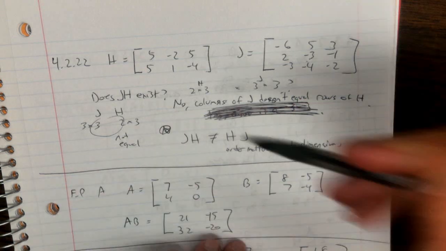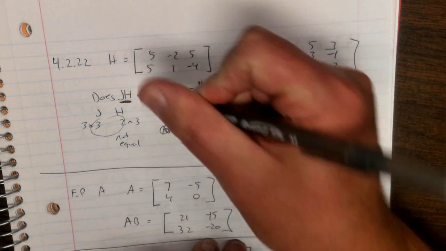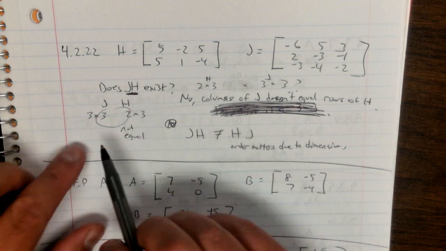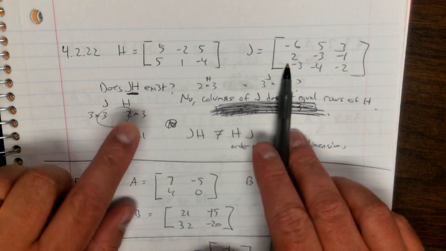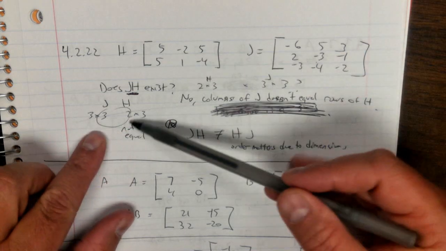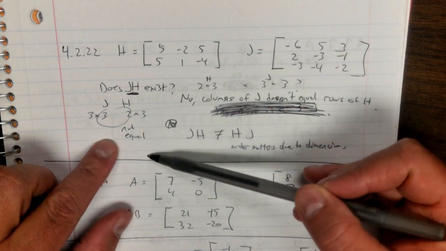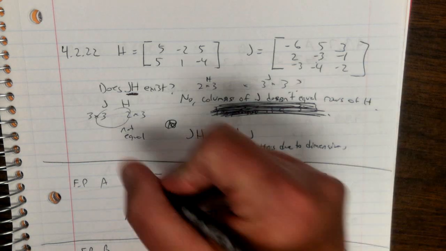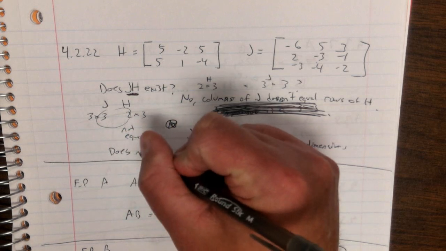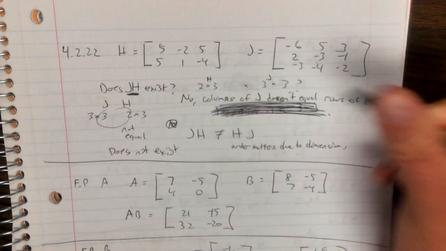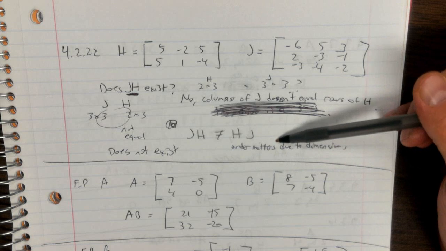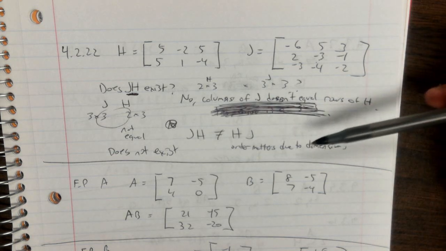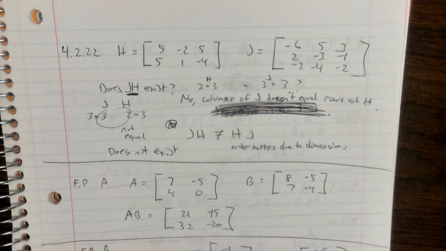However, it's saying JH, not HJ. So if you do JH, then J would be 3 by 3 and H would be 2 by 3. Your middles do not match, they're not equal, and so it does not exist. And so that's where it's really important to know that JH is not the same thing as HJ. The order matters due to the dimensions.